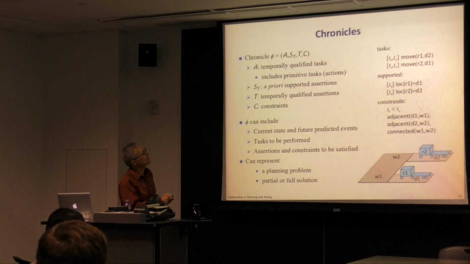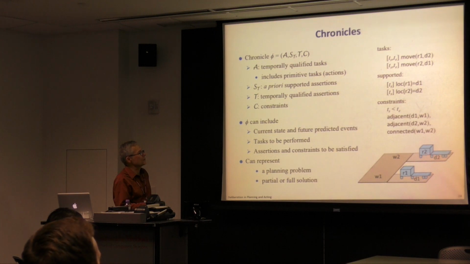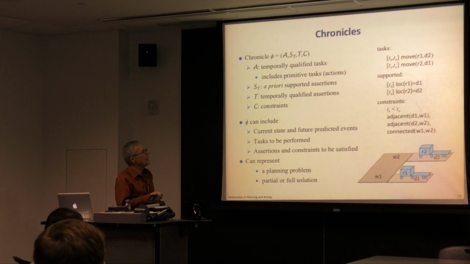They have to occur over the same time interval. We have 2 things that are a priori supported, so they're in this set here. Namely that this robot starts out at this location, this robot starts out at this location. Okay? And then the obvious constraints. The starting time has to come before the ending time, and we have some constraints on what things are adjacent to what other things. Okay?